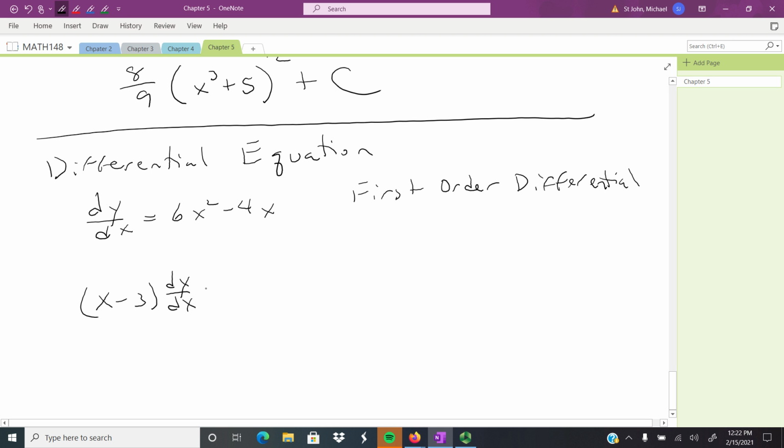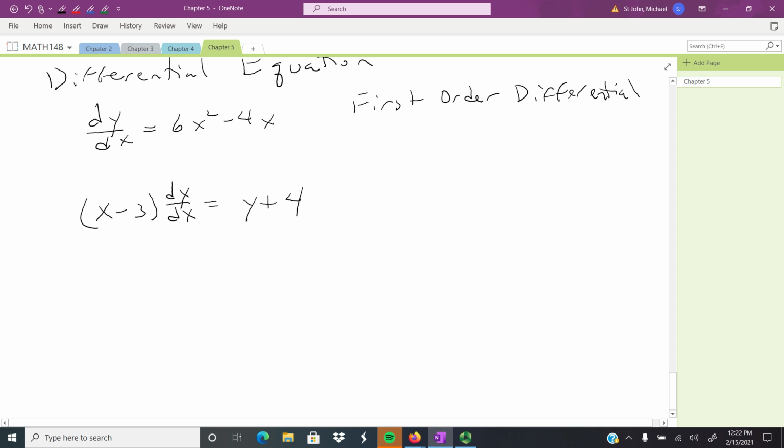Given something like (x minus 3) dy/dx equals y plus 4, the question is: is y equal to 5x minus 19 a solution? That would mean my derivative is going to be 5.